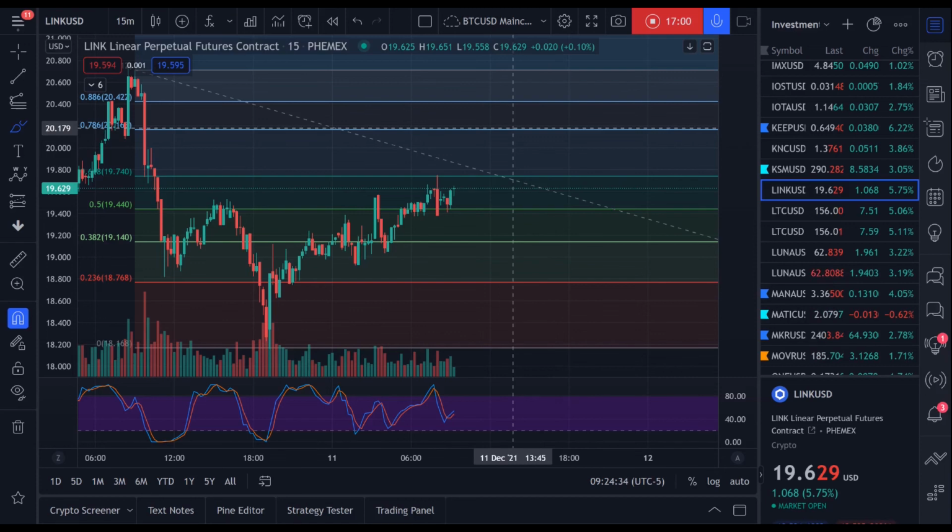Why? Because flat corrections have to go to at least the 786, okay? And they can go all the way to the 1618. We know that. So if price action goes beyond the 618, right, it invalidates my trade setup. So my stops would have to be in this region, all right?